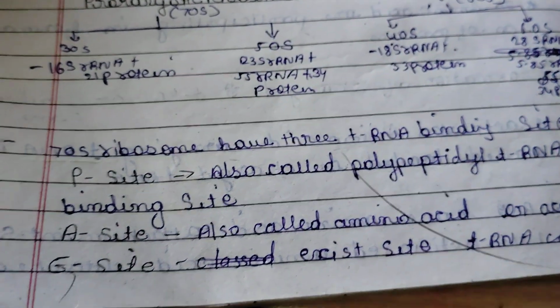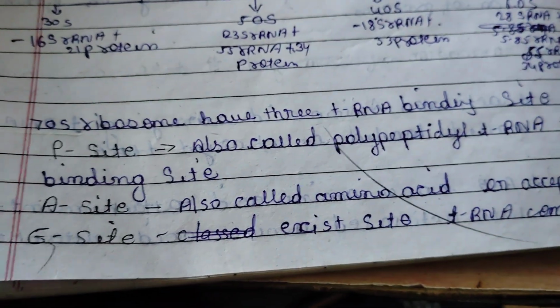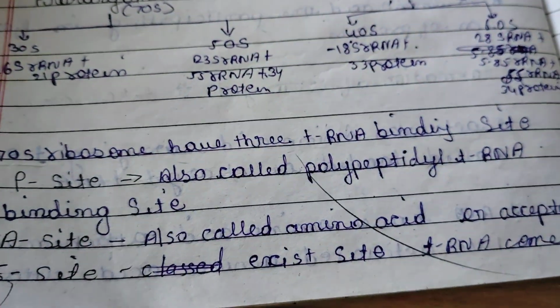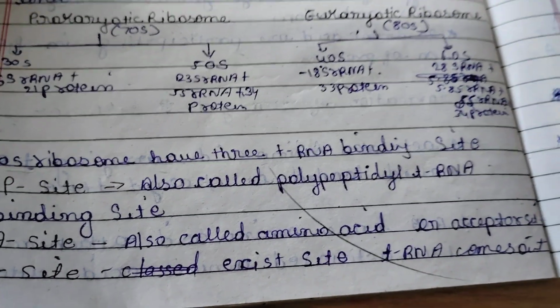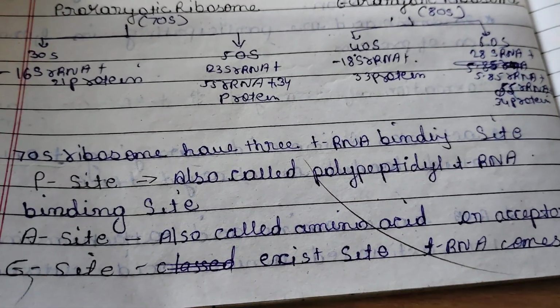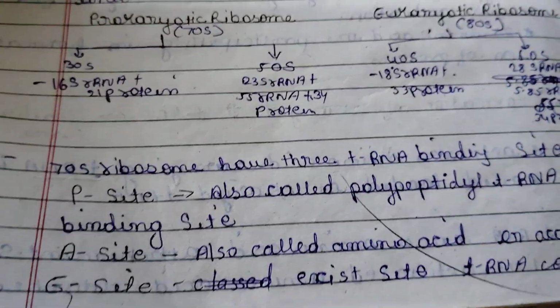Now the ribosome has 3 sites for tRNA binding, that is P site, A site and E site. So the 70S ribosome has 3 tRNA binding sites: the P site, which is called the polypeptidyl tRNA binding site, the A site, which is the amino acid acceptor site, and the E site, which is the exit site. So this is the diagram.